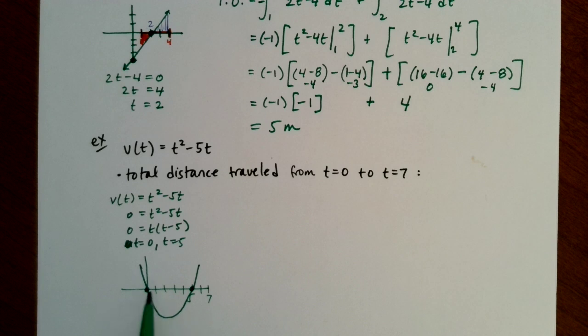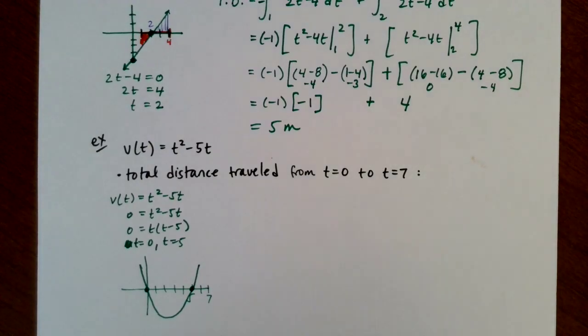So plug into this velocity function a negative number, let's say -2, and you'll get a positive output. So you're like, okay, I'm above the axis. And then if you test a number between 0 and 5, you'll get negative, so you're below, and then finally above. So even if the shape of the graph isn't right, you at least have the information you need.